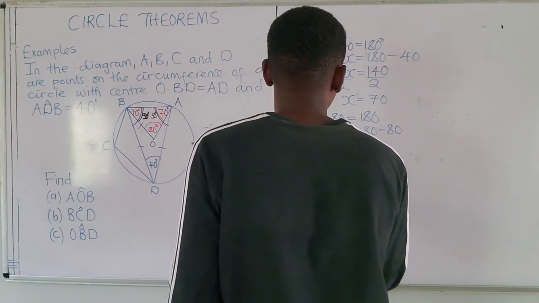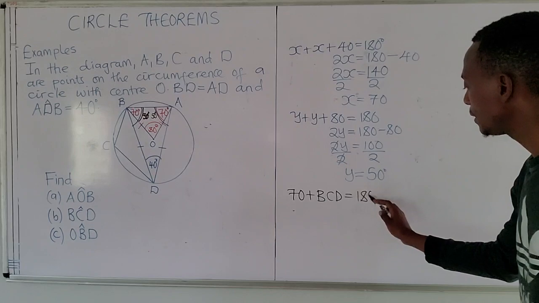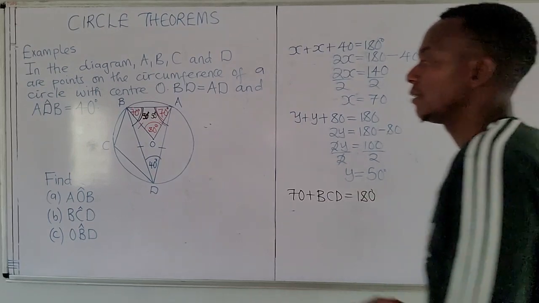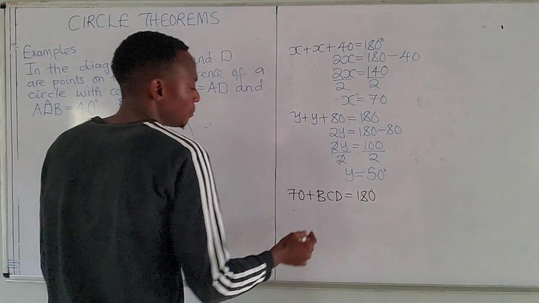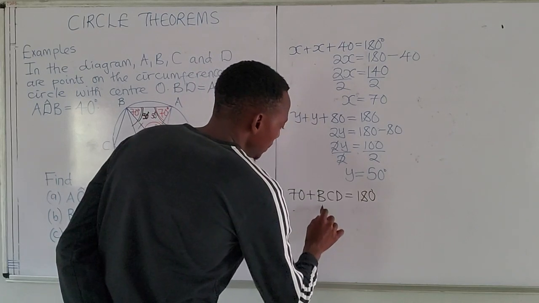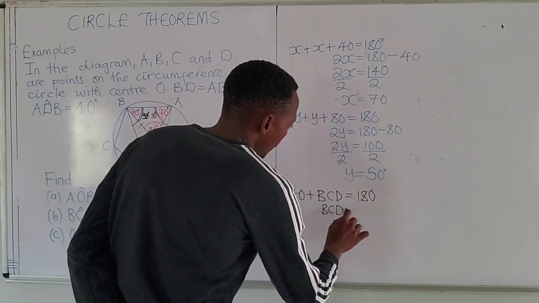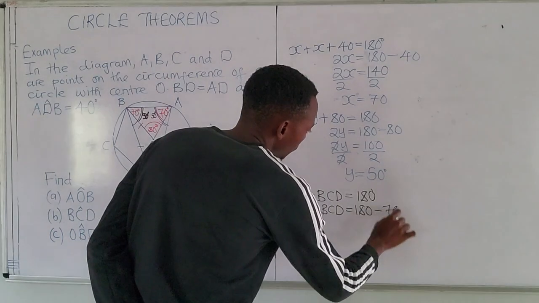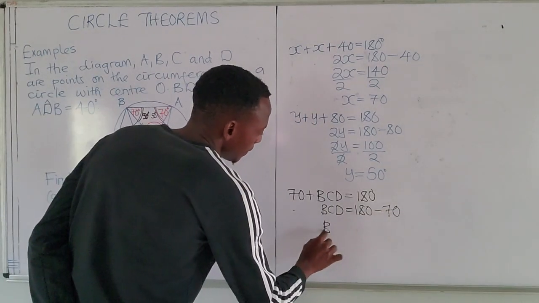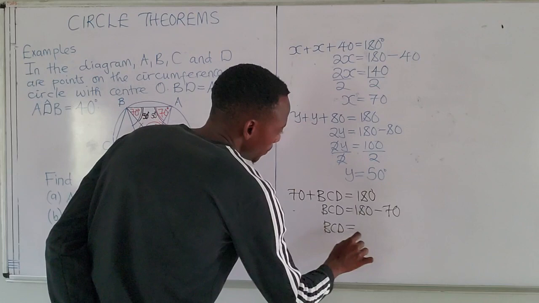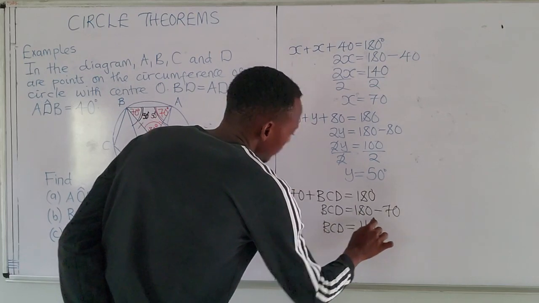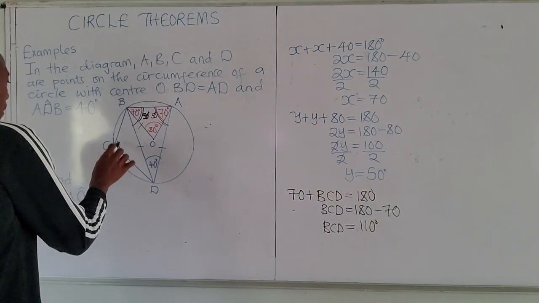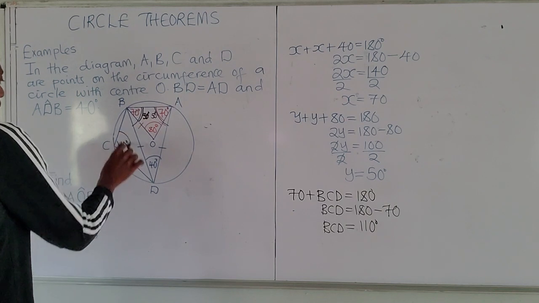That must be equivalent to 180 degrees, because opposite angles in a cyclic quadrilateral add up to 180. So BCD is equal to 180 minus 70. So BCD will be equal to 110 degrees. So this angle here becomes 110 degrees.